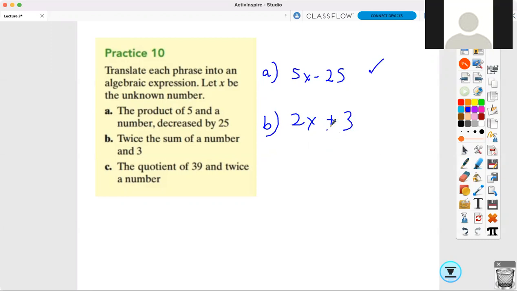That's what this would be. This is the sum of twice a number and 3. That's not what it says here. So this is 2 plus 3x? Say that one more time. 2 plus 3x? So this is the sum of 2 and 3 times the number.